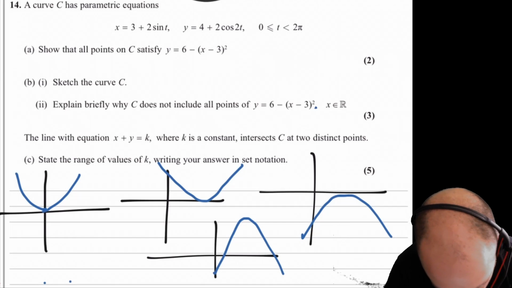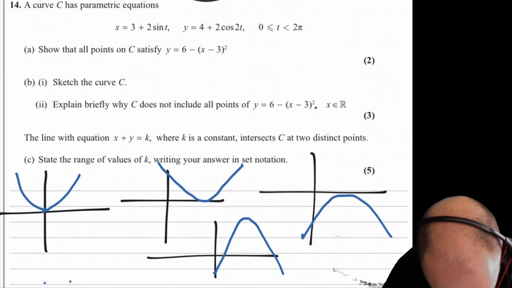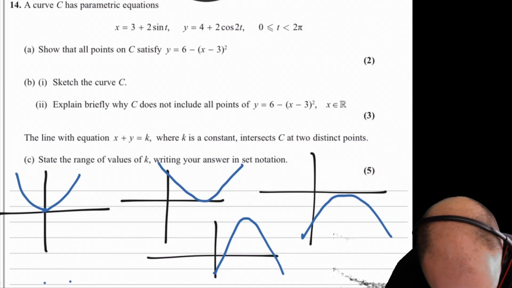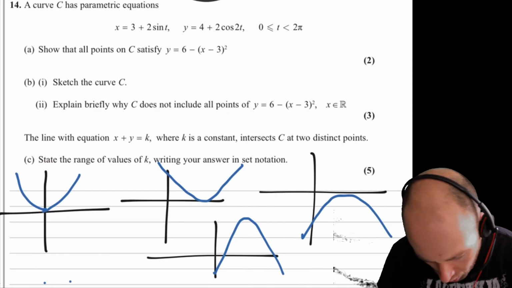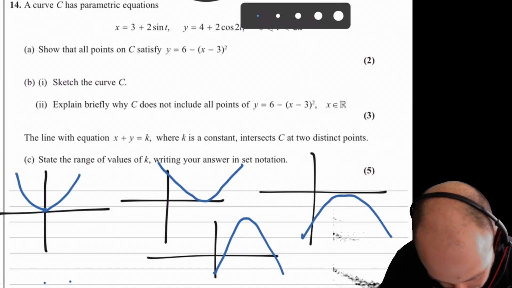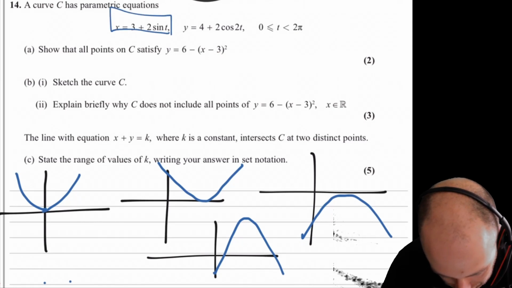Explain briefly why it does not include all the points. So because we are squaring our x values, we're not going to get any negative values.